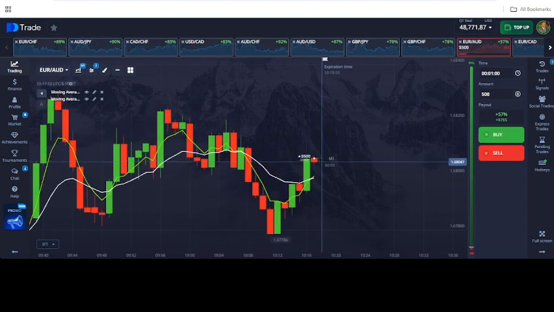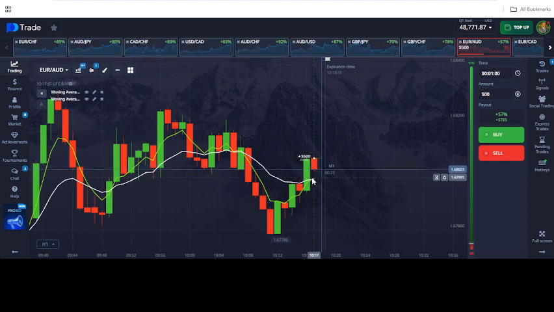Okay, so I'm on the Euro Aussie dollar currency pair, and I just took a buy trade. And the reason why I took the buy trade here is the 5 EMA crossed over the 15 EMA line here in an upward direction.